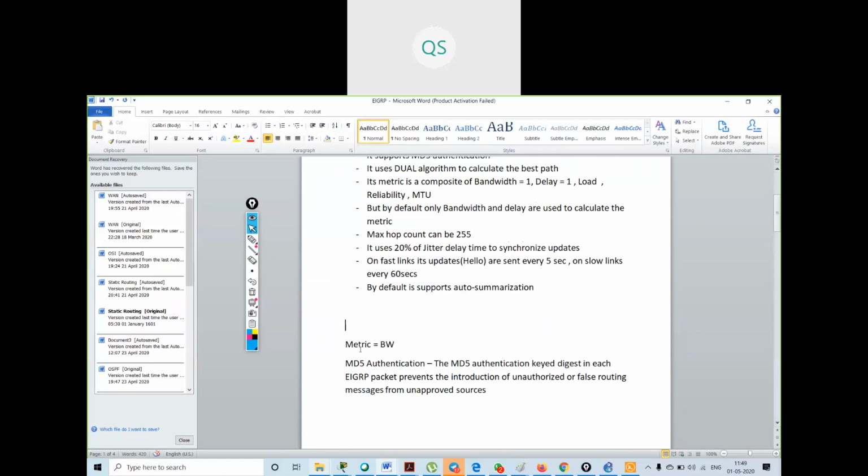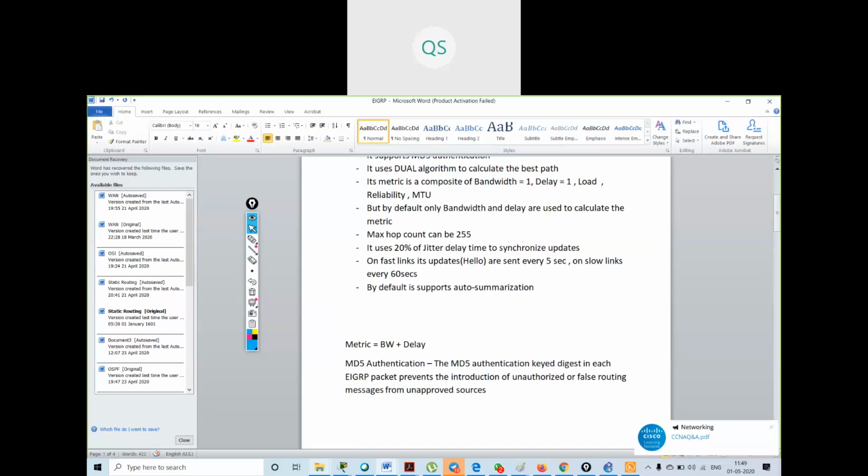No issues. The metric is calculated with bandwidth and delay because all other values are zeros.